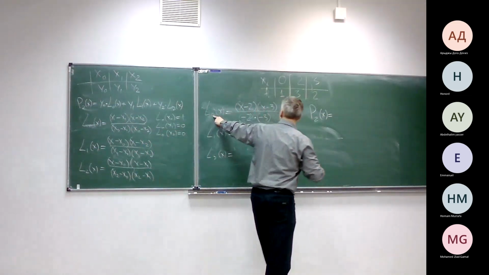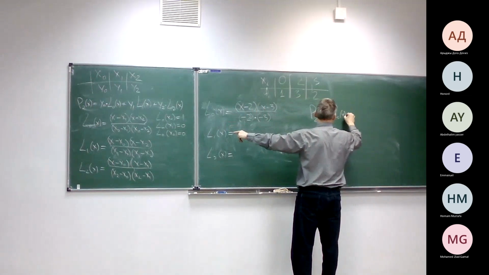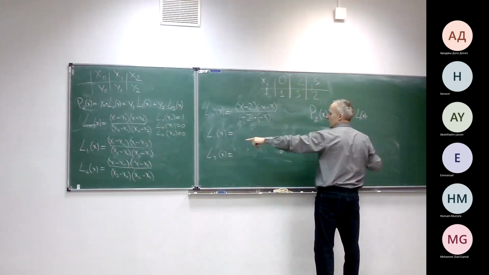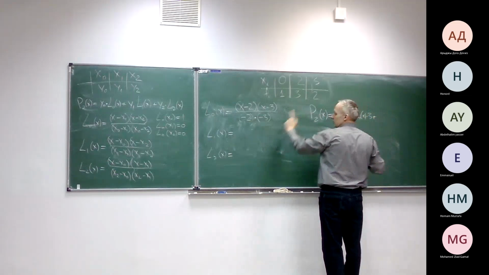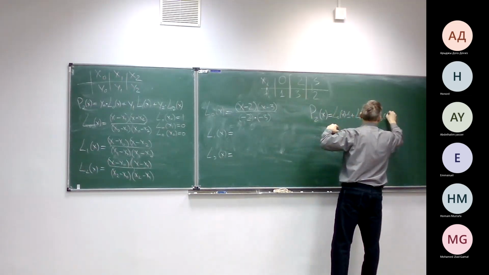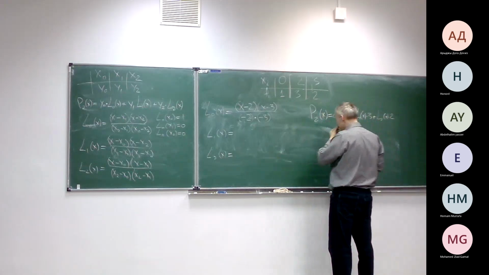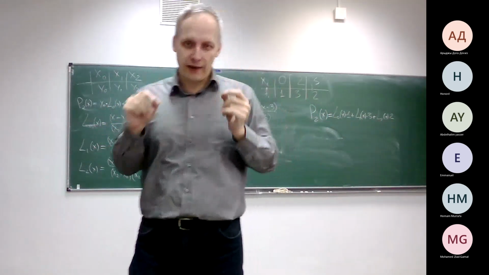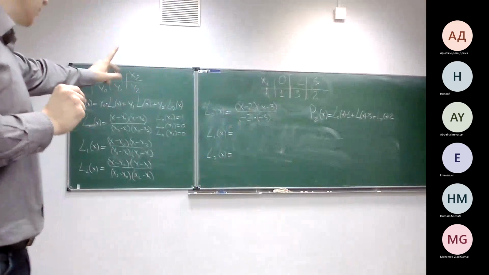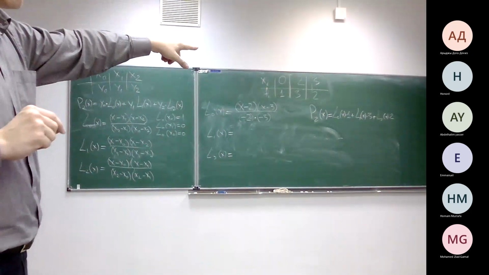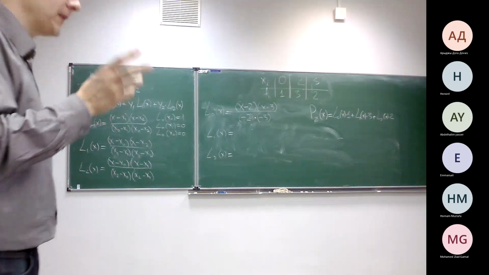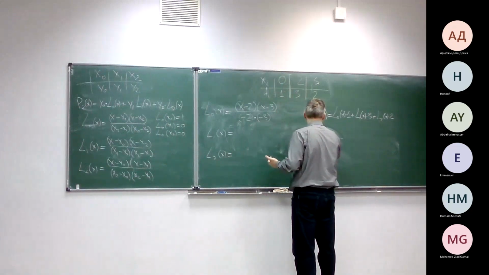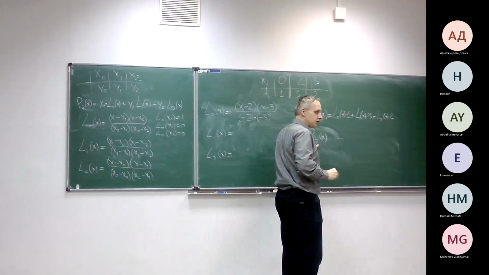Well, you should substitute: L0 of x times 1 plus L1 of x times 3 plus L2 of x times 2. I think it's not a problem. You should carefully write L1, L2, substitute into this formula, simplify it, and as a final result, you should get a polynomial of degree 2.